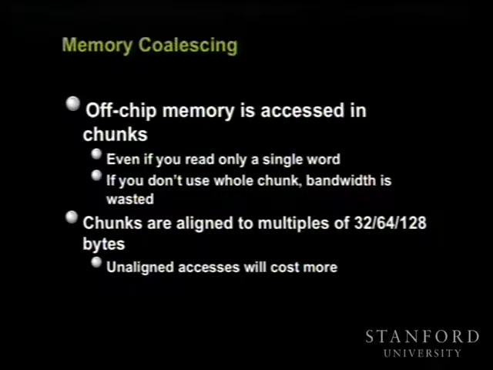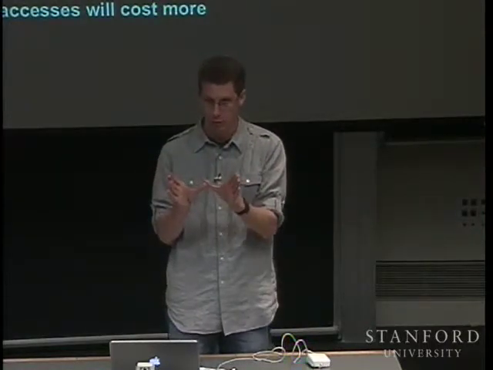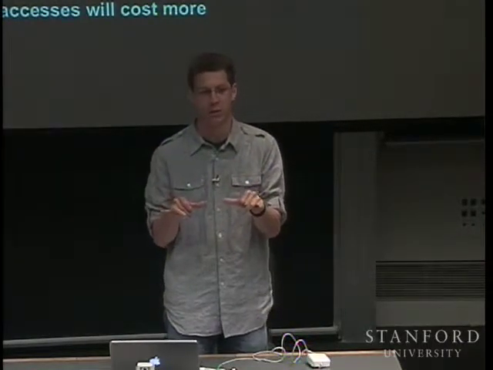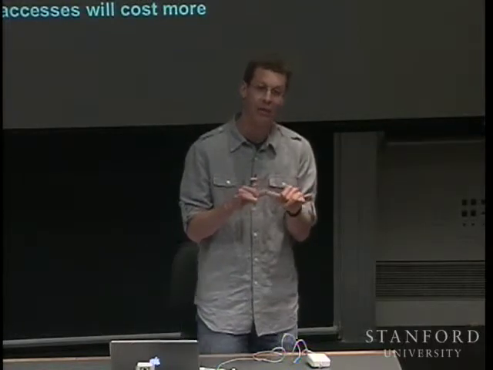So even if you are accessing a contiguous portion of memory, if that portion happens to overlap chunks of 32 bytes or 64 bytes, what effectively will happen is that you'll read the first, let's say, 64 bytes and the second 64 bytes, and you'll throw away some part of the first one and some part of the second one, and effectively you'll be using twice as much memory bandwidth as you think you are.